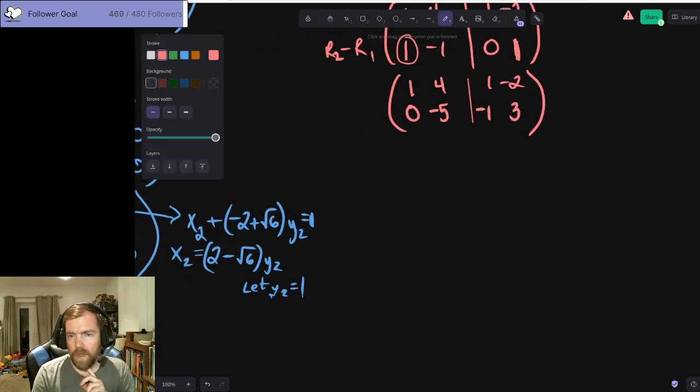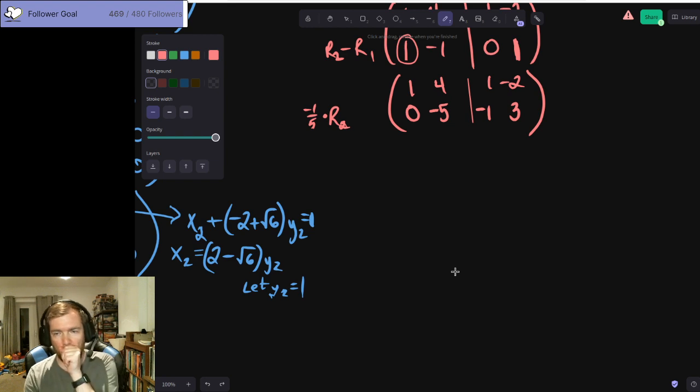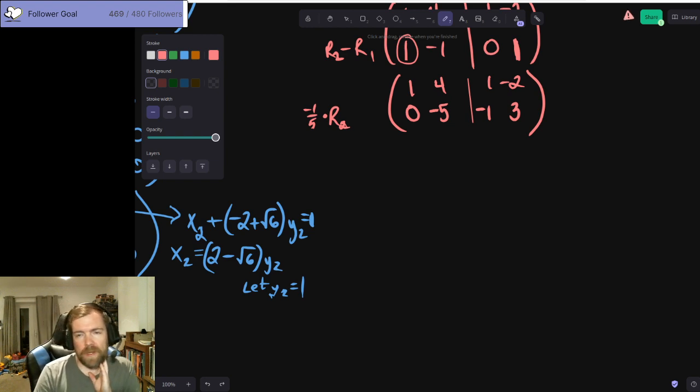Okay. Row 1, we're going to... All right, row 2, we're going to multiply by -1/5 in order to get a +1 in the first non-zero position. And then this one, we can go either way with this.